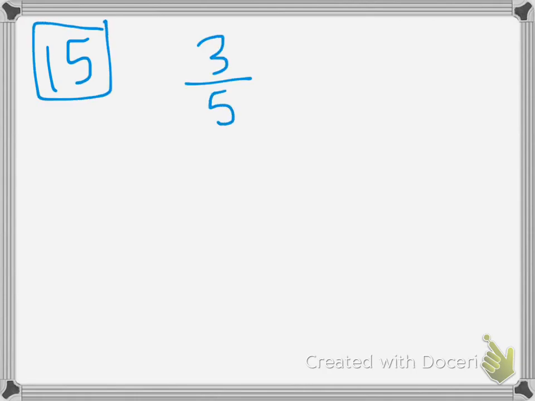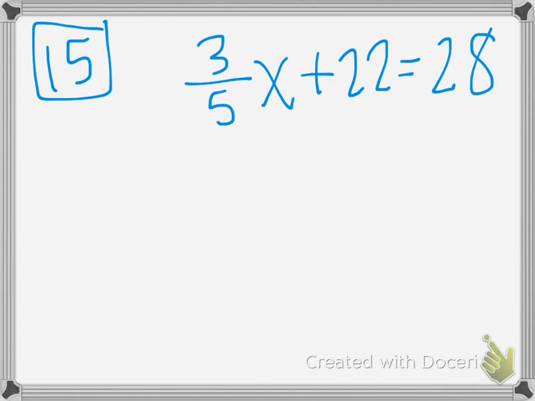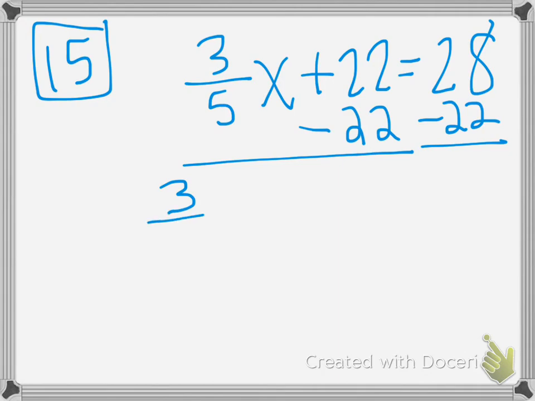Number 15. Number 15 says 3/5 x plus 22 equals 28. My first step is to deal with my constant, so that's my 22. I want to subtract that on both sides. That leaves me with 3/5 x, this zeroes out, equals 6.